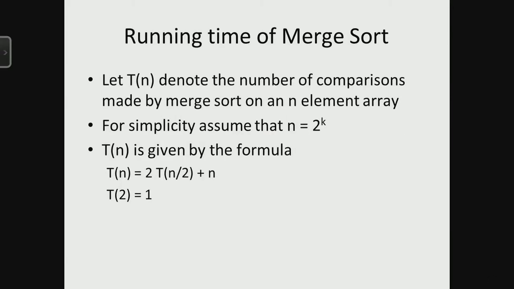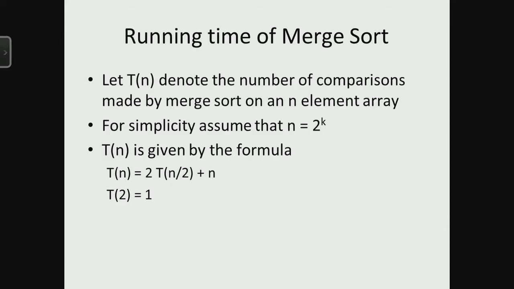This gives us a handle to analyze the running time of merge sort. Again, here we count the total number of comparisons made by merge sort. Let T of n denote the number of comparisons made by merge sort on an n element array.